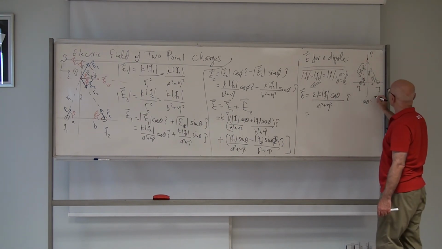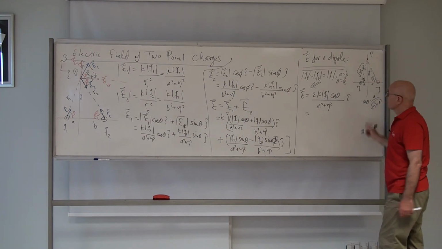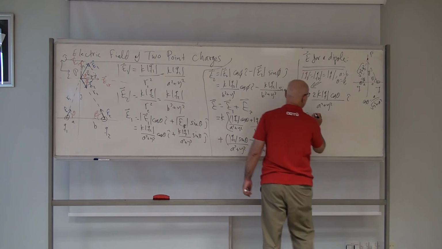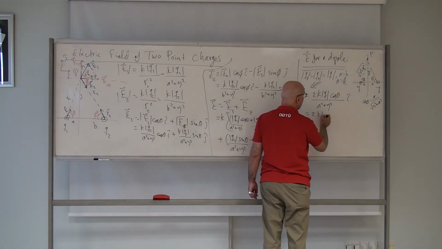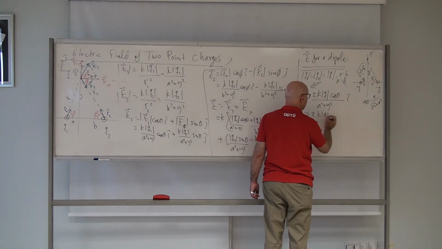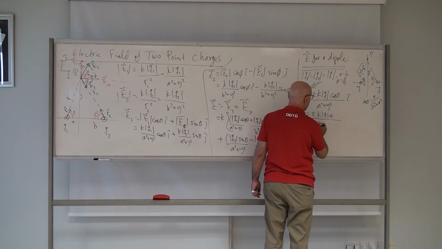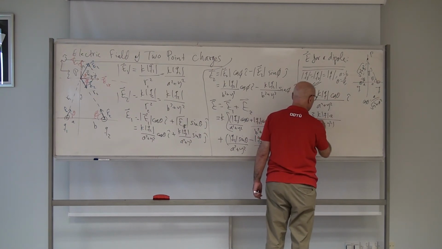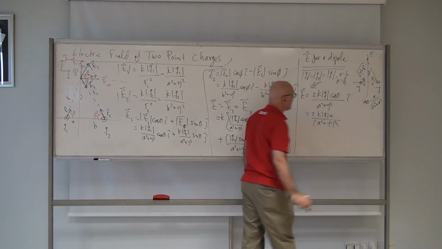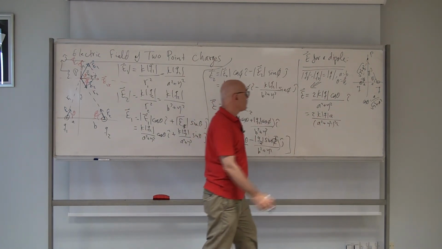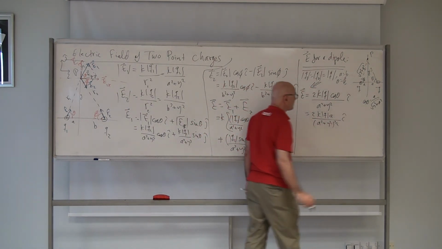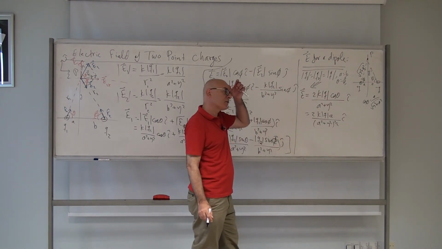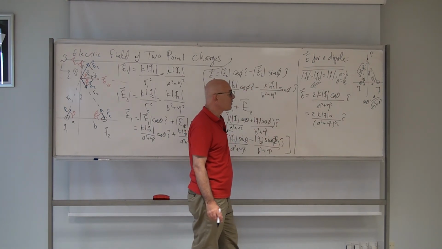Cosine theta is equal to a over square root of y square plus a square. So if you substitute this here, you will get E equals 2k q a divided by a square plus y square to the power 3/2 along i hat. So this is the simple, compact expression for the electric field of a dipole.